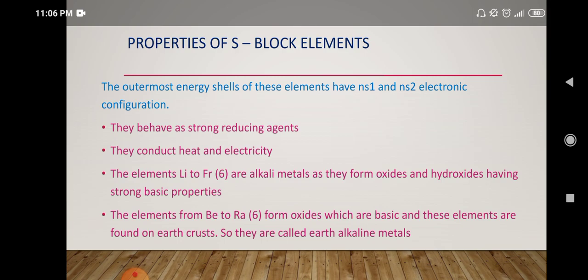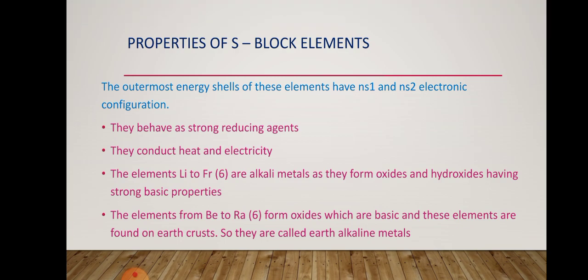Now I am going to discuss some properties of s block elements. You have already known that the outermost energy shells of these elements have ns1 and ns2 electronic configuration. They are quite soft and can be cut with knives. They form colorless compounds. They behave as strong reducing agents. They conduct heat and electricity.